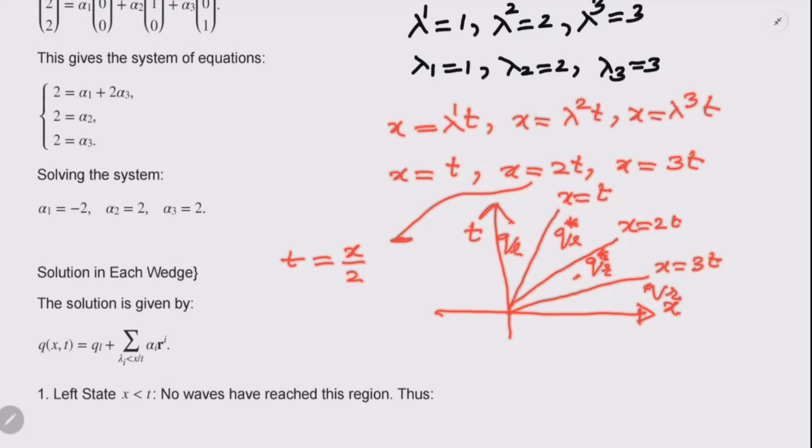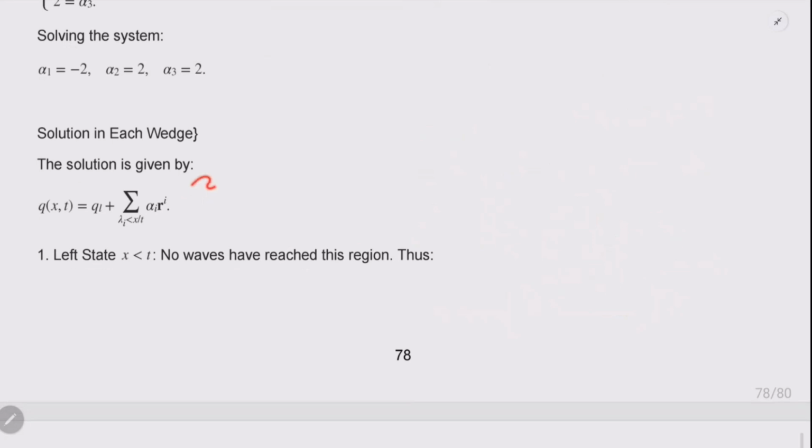Now, for these extra regions, you need a solution as well. We saw that in the theory. If you take a look at the book, you can see that q(x,t) is equal to q left, and there is some summation.